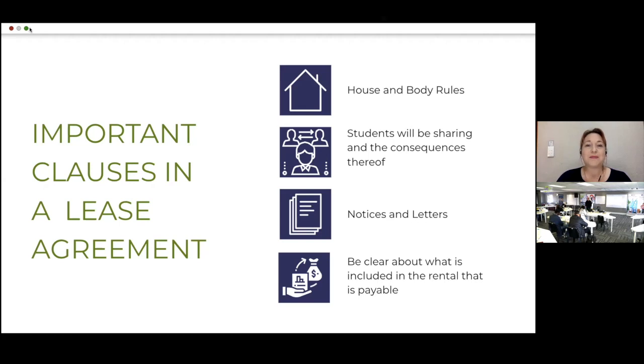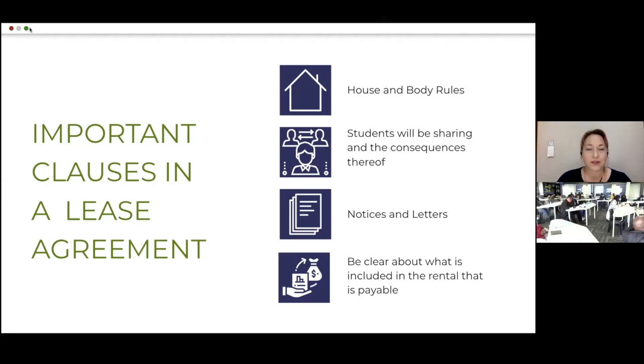You can't expect, for example, if the rule is always keep the doors locked, and now the guys go out, they come back, and somebody didn't lock the door, and now things are stolen, that it's the job of the landlord to have somebody at the door making sure the door gets locked every time.